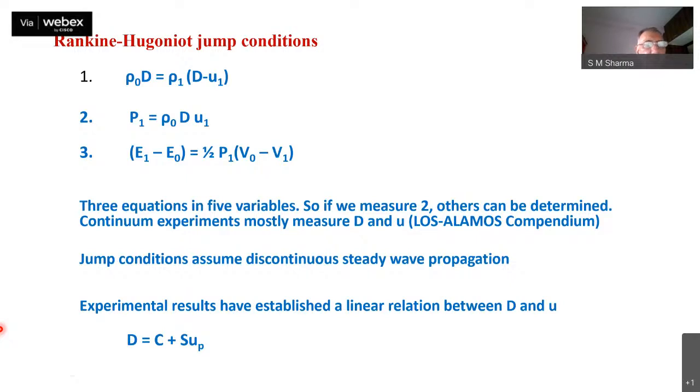But in the case of a shock wave, because the states before the shock and the states post-shock are related by conservation laws of mass, momentum, and energy, they do not require anything else to determine the pressure.